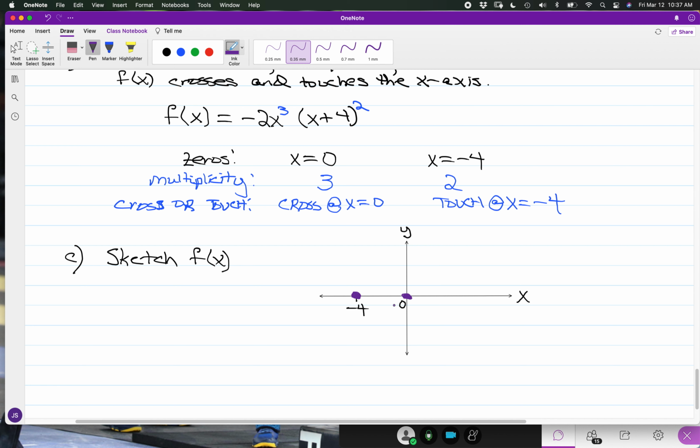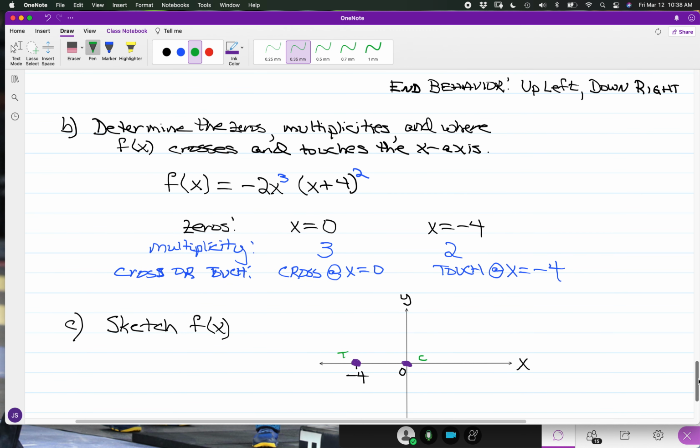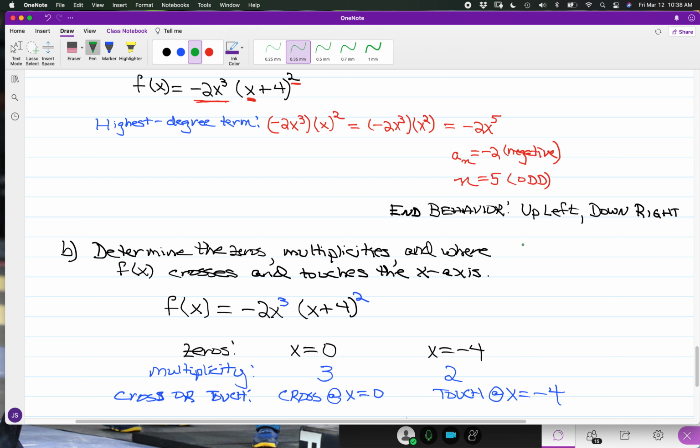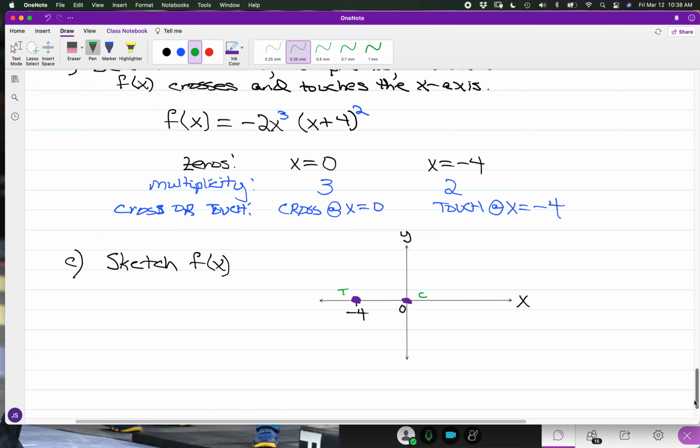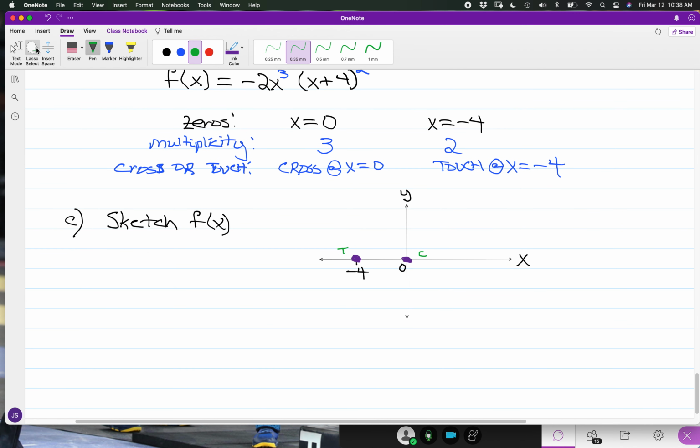At negative 4, the graph is going to touch, and at 0, the graph is going to cross. And from the earlier part, the end behavior was up to the left and down to the right.